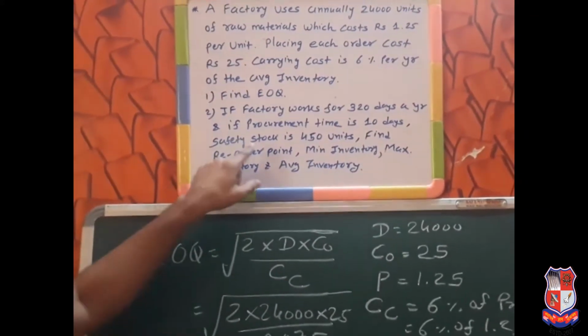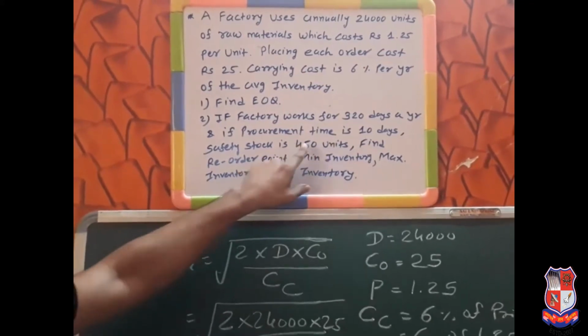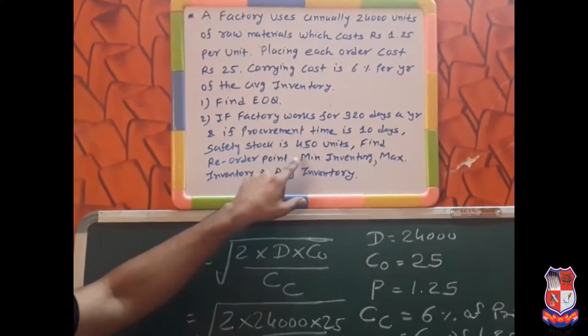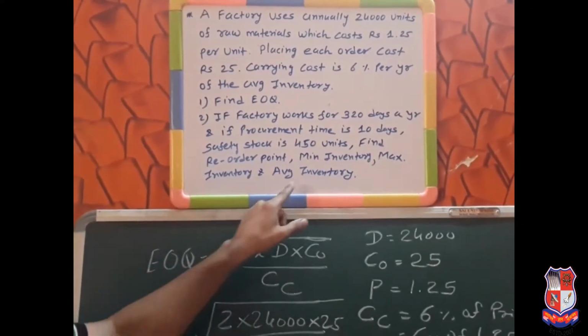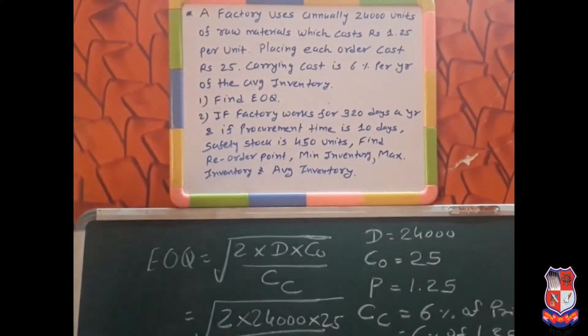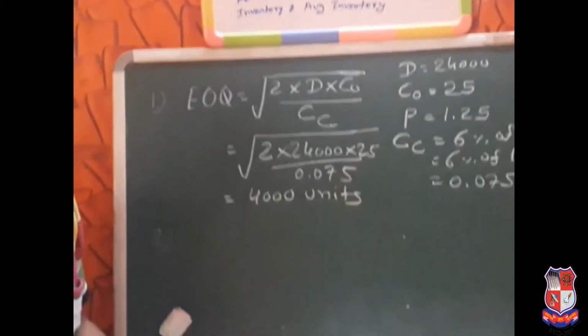Now the second portion of the example: if the factory works 320 days, the procurement time, which is nothing but the lead time, is 10 days, and safety stock is given as 450 units, then you need to find out the reorder level, minimum inventory, maximum inventory and average inventory. Now let's calculate part number 2.